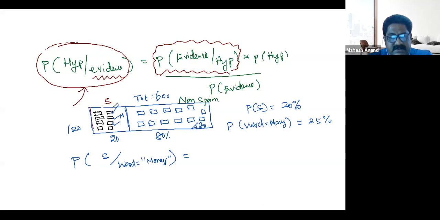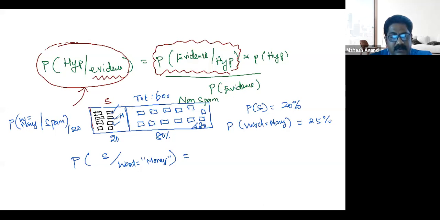Out of these 120 records, this is measurable for me. I'm going to measure the probability of occurrence of the word money, provided it is in the spam folder. Since you have manually filtered the spam folder and non-spam folder, you got these 120 emails here. Out of these 120 emails, certain emails are related to lottery keywords.